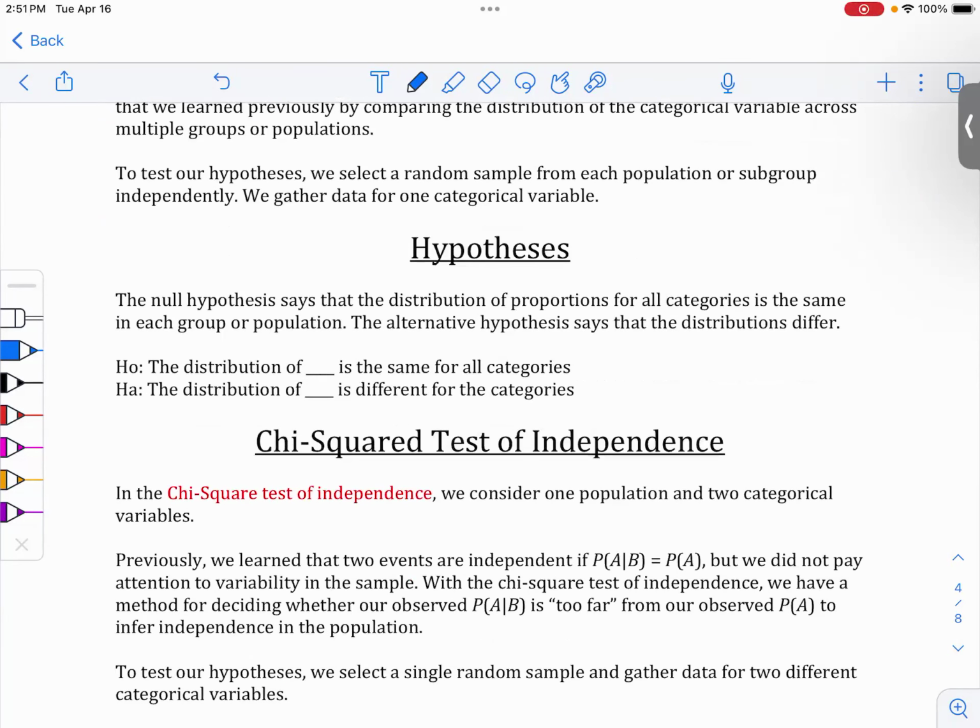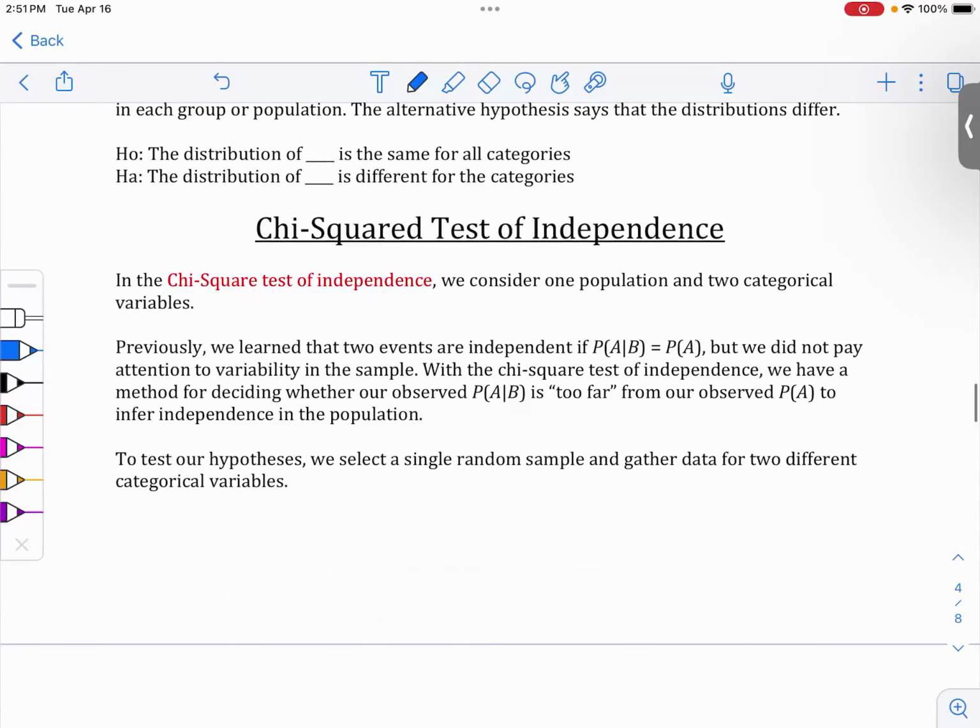Which is exactly what it looks like in the hypotheses. The distribution of whatever is the same for all categories, or the distribution of whatever is different for the categories. For the chi-squared test of independence, which is something we've actually done quite a bit, determining if 2 things are independent or dependent, we want to see if the 2 things are related, associated, connected.